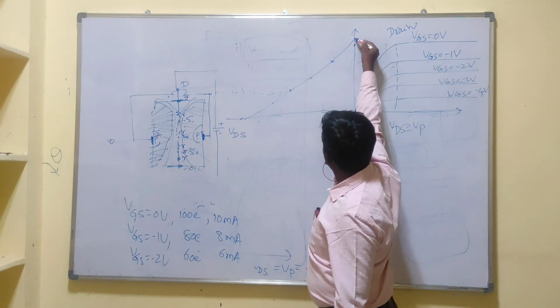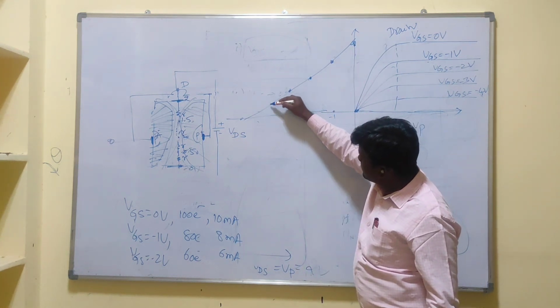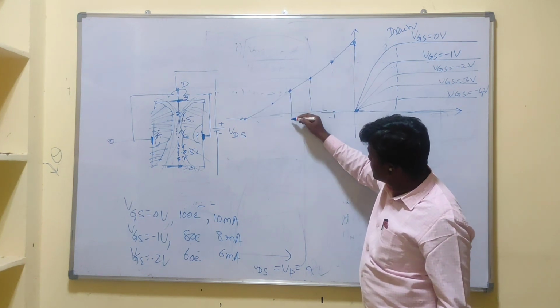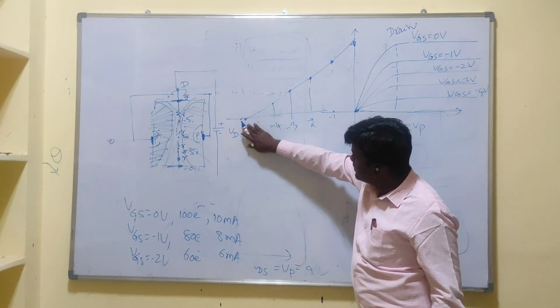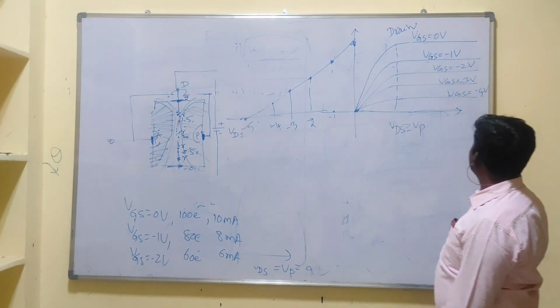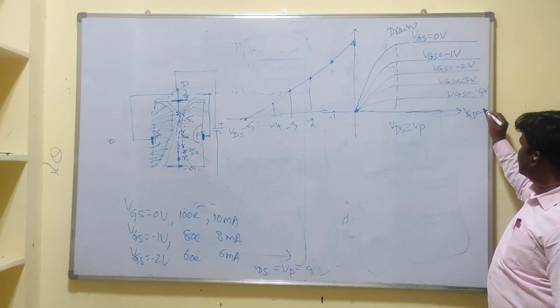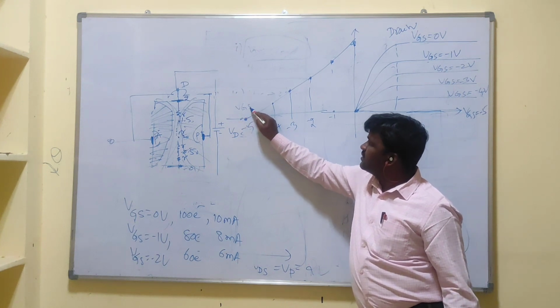So this is the graph for the VGS, let us say minus 1, minus 2, minus 3, minus 4, and minus 5. Here minus 5, we got VGS equal to VP.